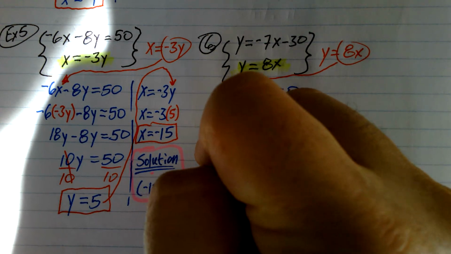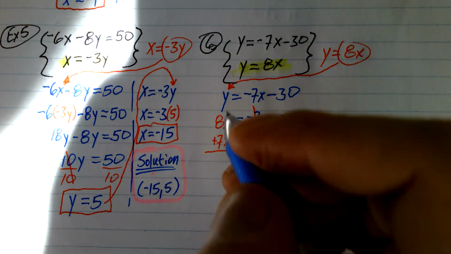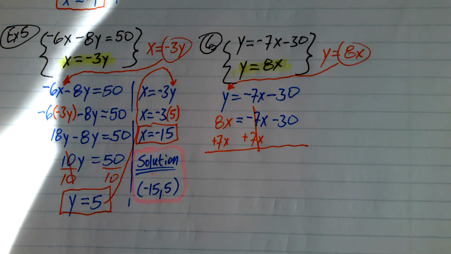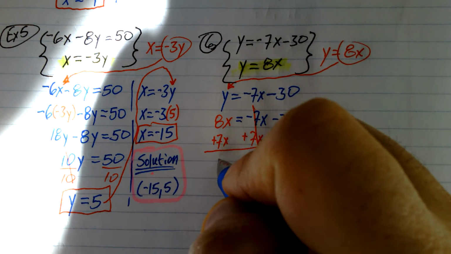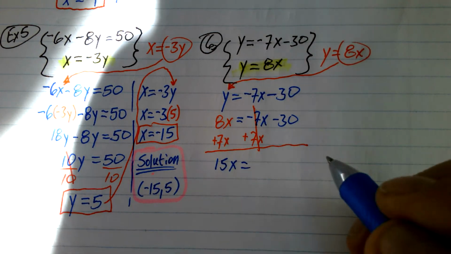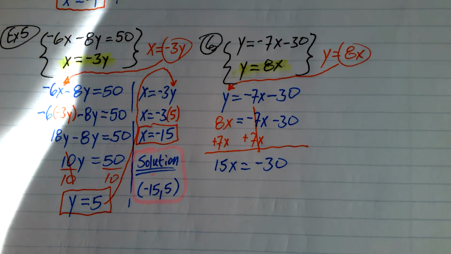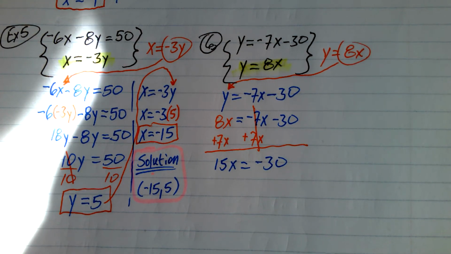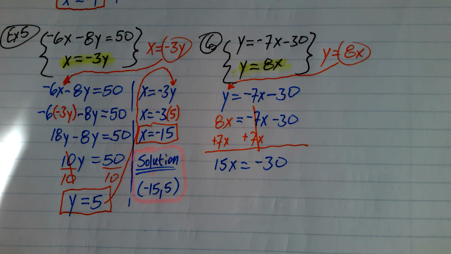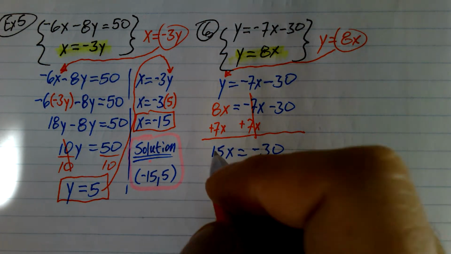So I'm going to get rid of this minus 7x with its opposite. The opposite of negative 7x is plus 7x. I'm going to add that to both sides. And I'll combine the 8x and the 7x. That's 15x equals negative 30.